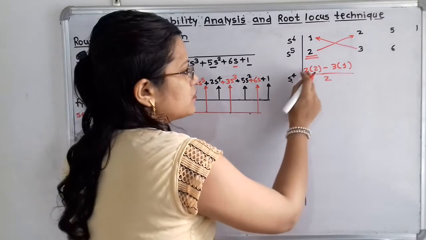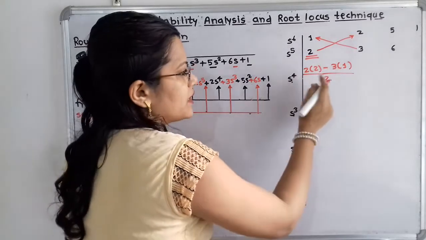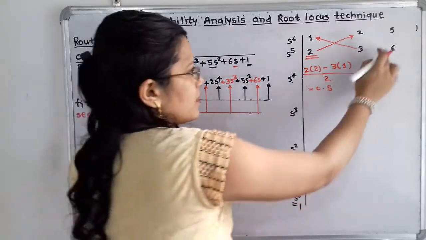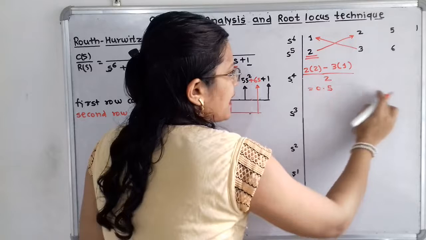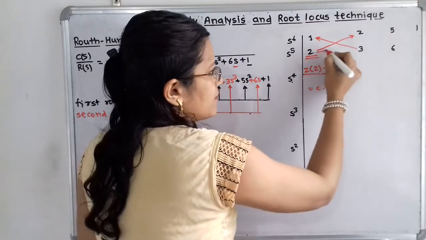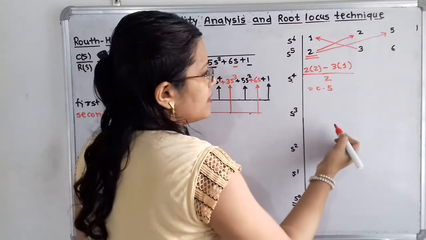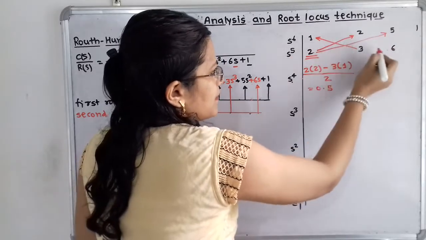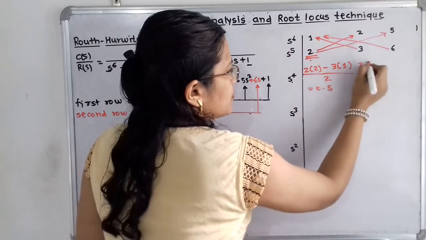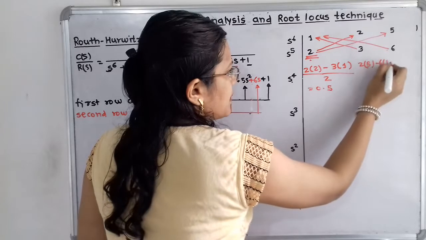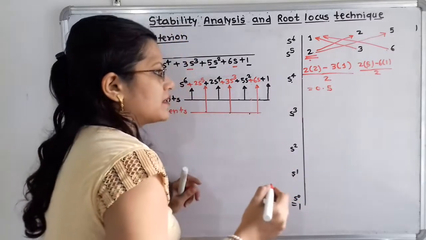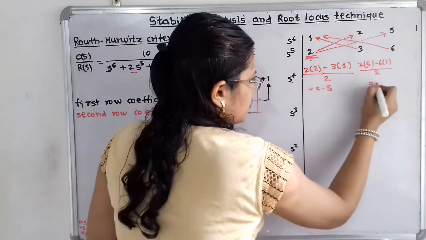If we calculate this, 4 minus 3, that is 1, divided by 2, which is equal to 0.5. Now again for the next number, I will mark 2 multiplied by 5 minus 6 multiplied by 1, divided by 2. So 2 into 5 is 10 minus 6 is 4, divided by 2, that is equal to 2.